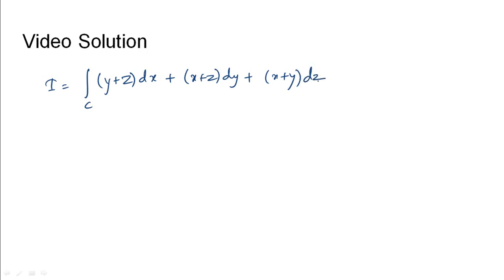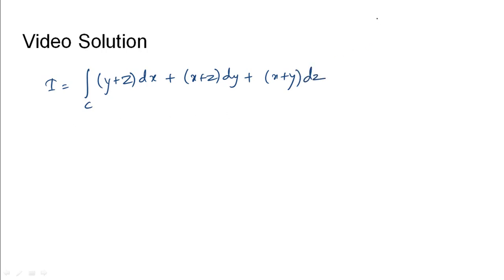In this case we are given the integral, let us say it as I, from a curve C we need to integrate (y plus z) dx plus (x plus z) dy plus (x plus y) dz.